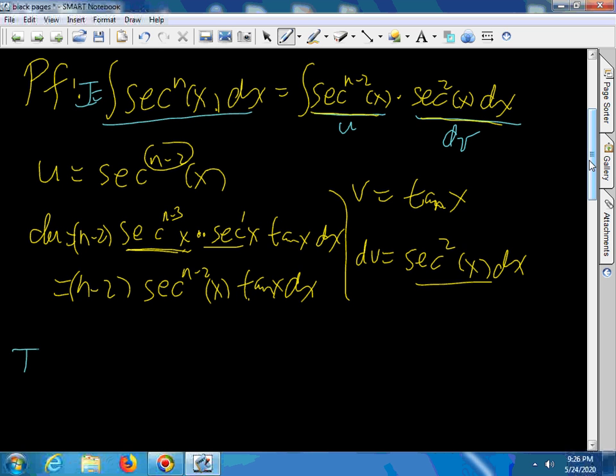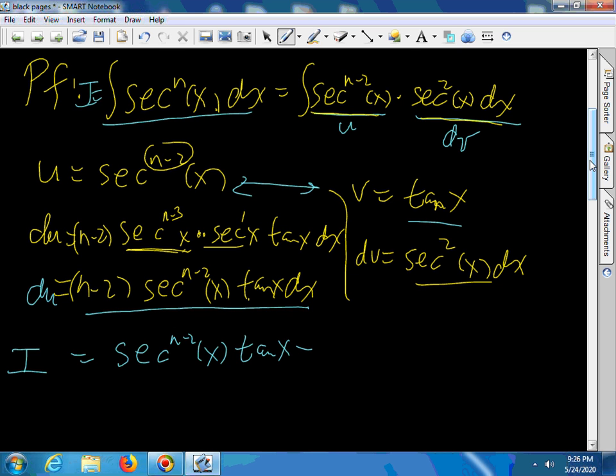And I am going to call this integral that we're reducing I. So I is equal to u times v, secant n minus 2 of x, u times v minus the integral of v times du. Well, that's du and that's v.